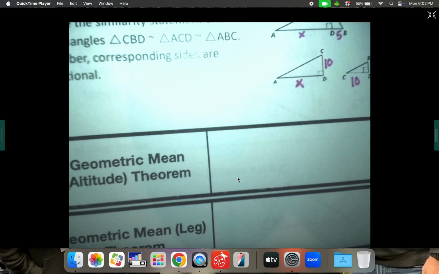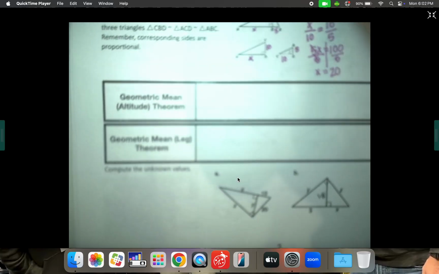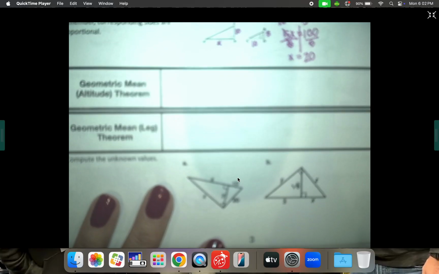Okay, so let's do really quickly a couple more definitions. We're getting down to it here.